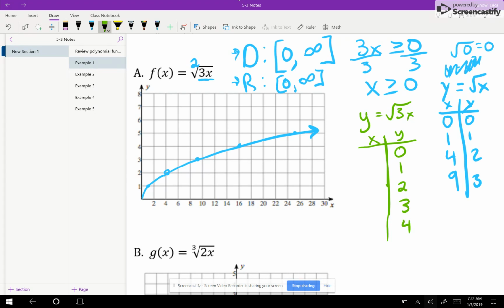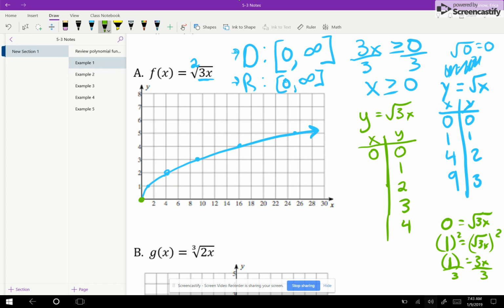So if I plug in 0 for y, 0 equals the square root of 3x, and I square both sides and I divide by 3, x is still going to be right there at 0. But when I plug in 1, I'm going to square both sides. I get 1 equals 3x, and then divide by 3. X is 1/3, where y is 1.